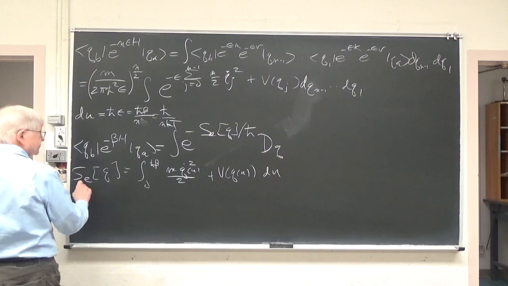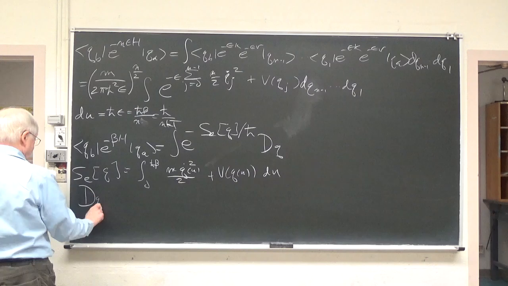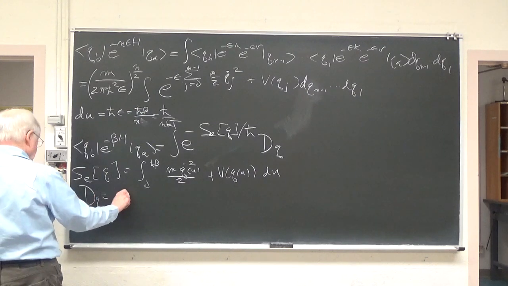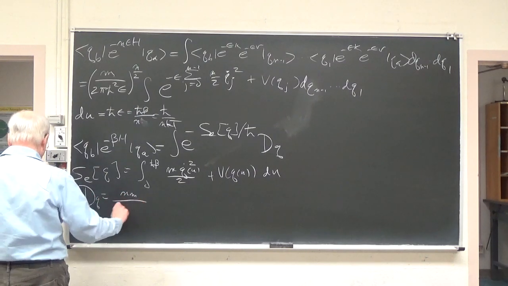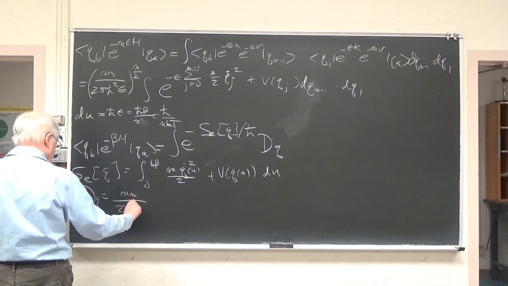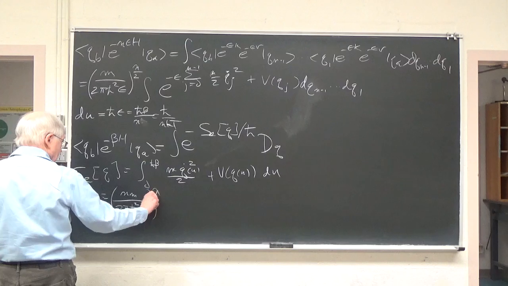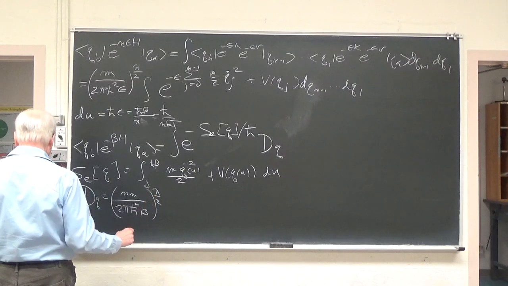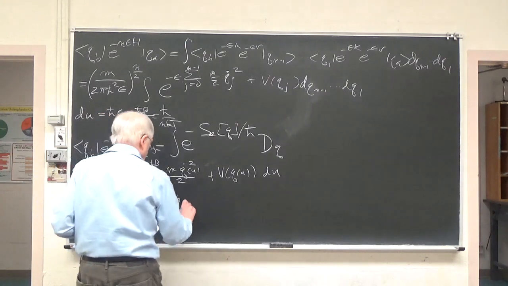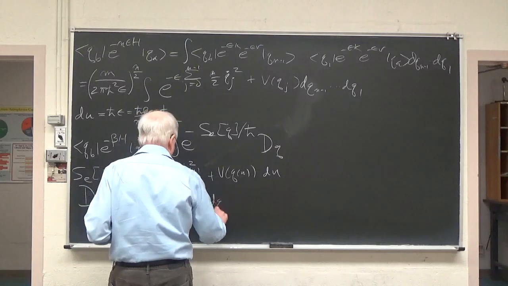And this capital dq is nm over 2 pi h bar squared beta to the n over 2 dq n minus 1 down to dq1.